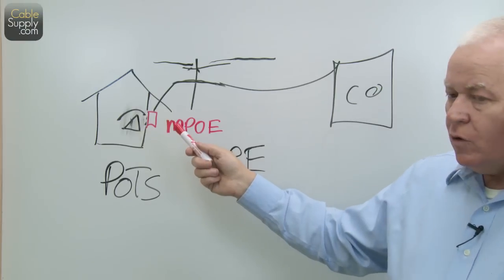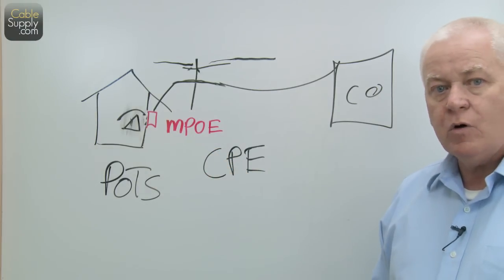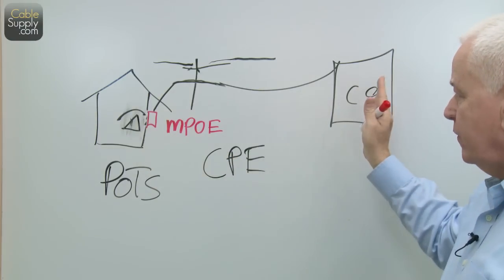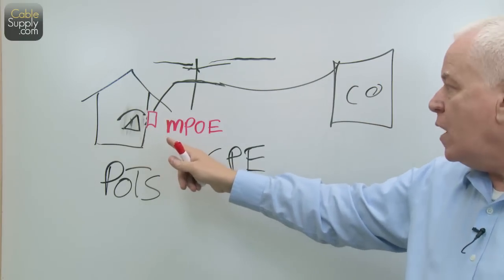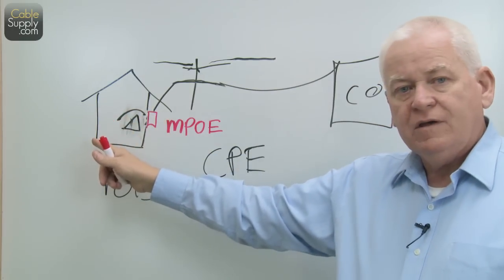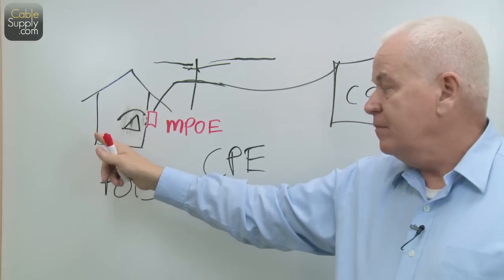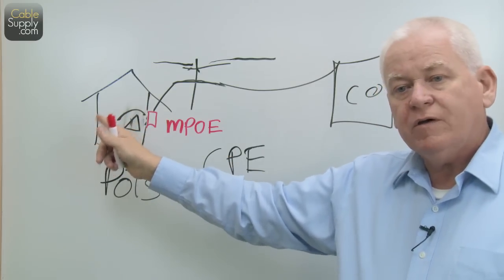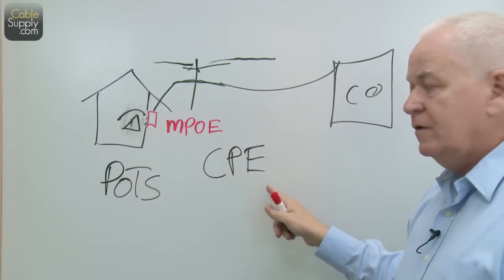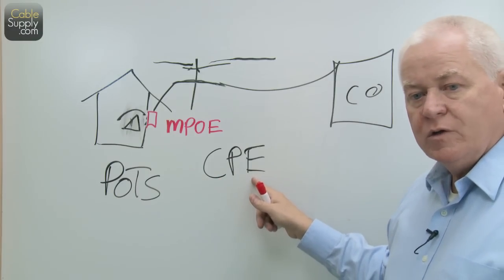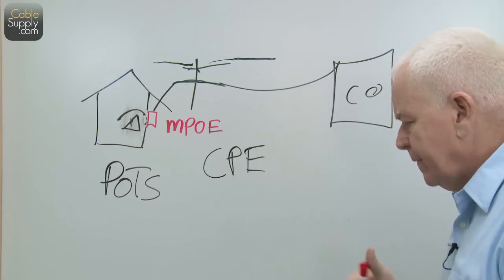It's also sometimes called the demarc, as in demarcation, where the phone company's responsibility ends. The wiring inside this house, 99% of the time, is the responsibility of the customer. And of course, he also has his own phones and equipment, unless you're still renting from the phone company.